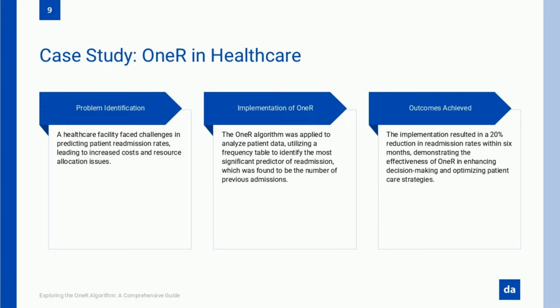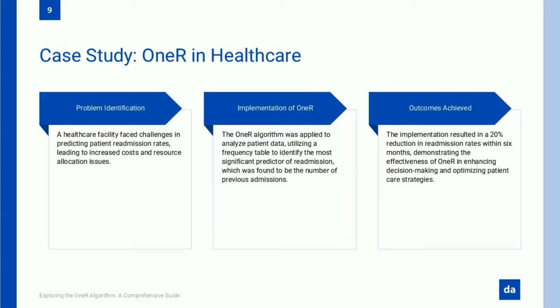That's where OneR proved its value. The challenge was clear: predict which patients were most likely to be readmitted based on key medical factors such as age, number of prior admissions, and underlying health conditions. The goal was to intervene early, reduce unnecessary hospital visits, and improve patient outcomes.